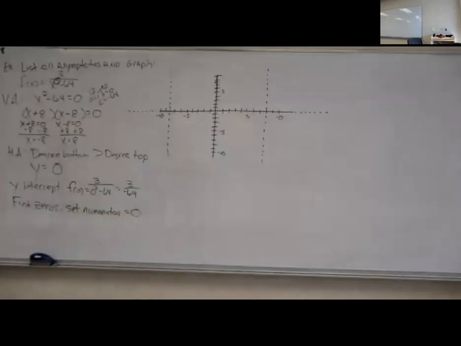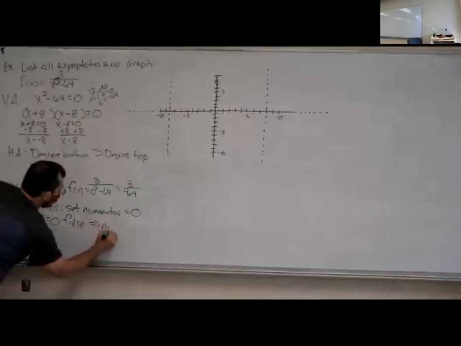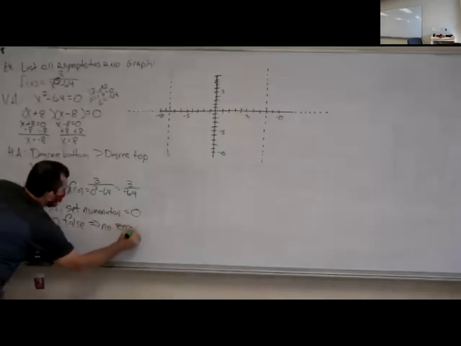But y'all, I don't even have a variable on top, do I? So I would set 3 equal to 0, which is a false statement. This is false, which means there's no zeros. So therefore, no zeros.